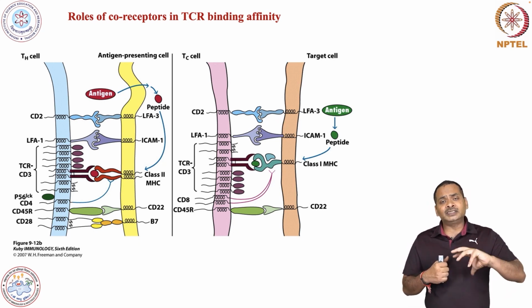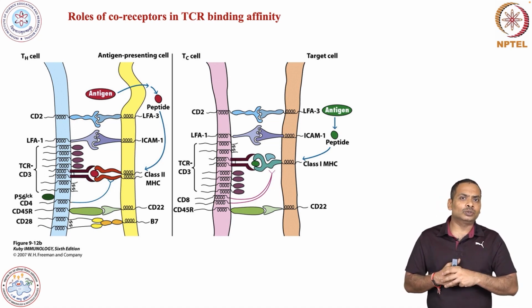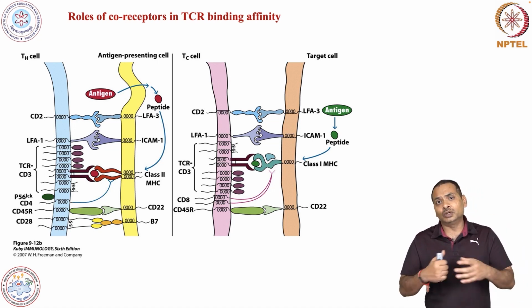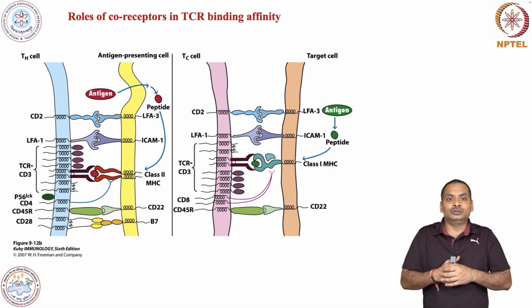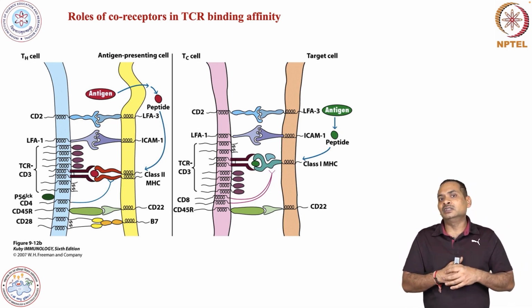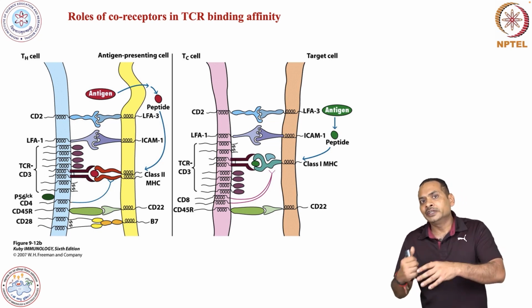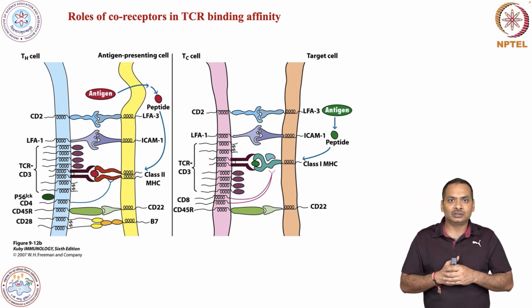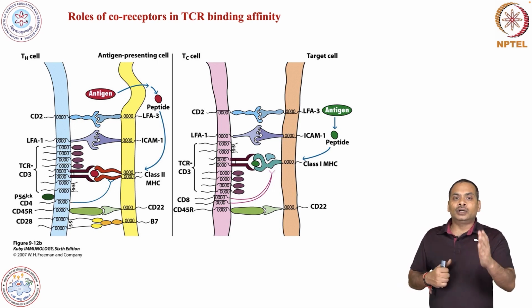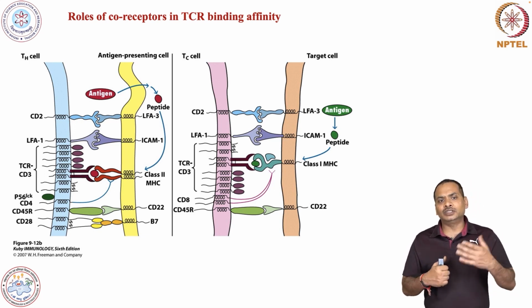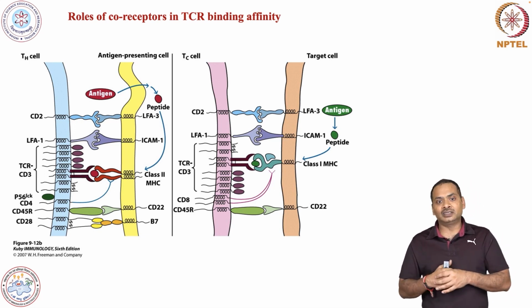So other than TCR, CD3 and CD4, the rest of the molecules we call accessory molecules or co-stimulatory molecules, okay. And this interaction is needed. If you block these interactions, the T cell will not proliferate, or it will not induce the effector response, in very simple terms.